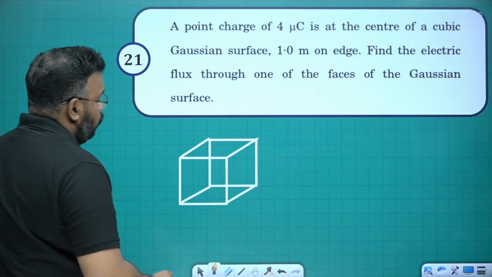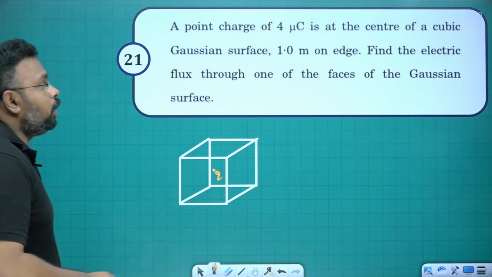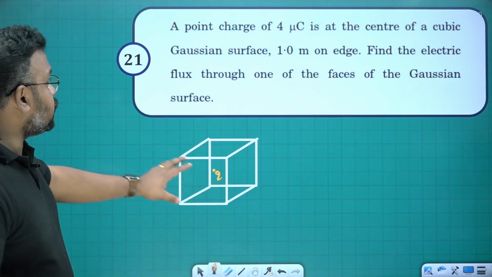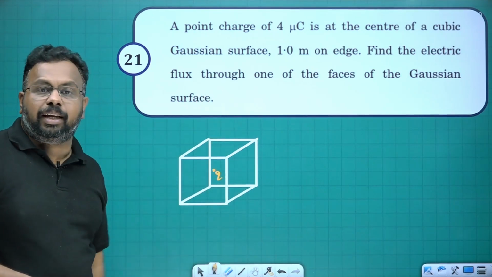Inside it the charge is kept, and I am taking the charge as Q. That Q is given as 4 microcoulomb. What they are asking is to find the electric flux through one of the faces, one face only, not the entire cube.